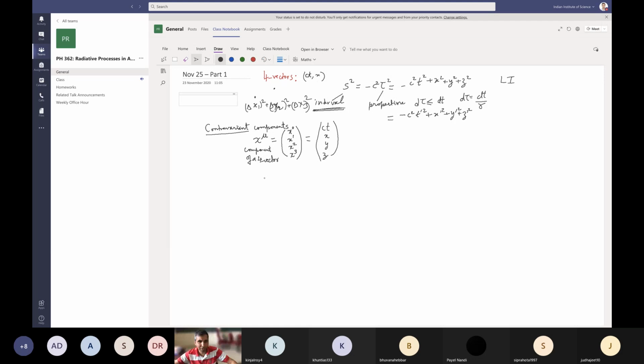And similarly, we can write this ds squared as eta mu nu dx mu dx nu, right? Again, I'm actually not doing a very formal thing. Here I'm assuming Einstein summation convention, that is the repeated index like mu and nu is summed over.